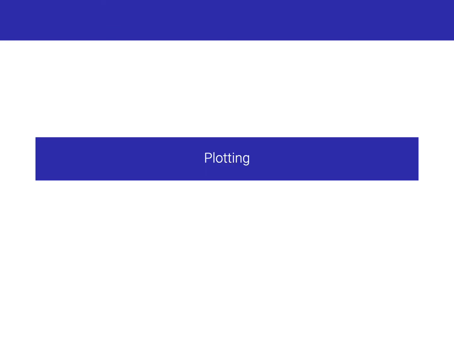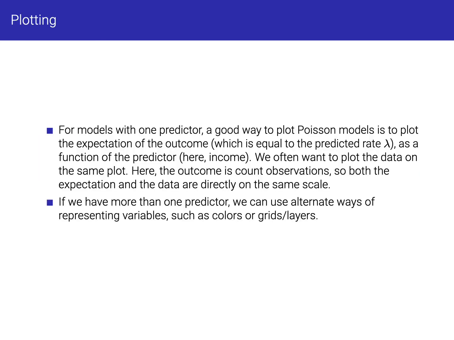Okay, now how do we make plots here? For models with one predictor, a typical plot we would make is we would plot the expectation of the outcome, so the predicted rate, as a function of the predictor. So here that's income. And we often want to plot the data on the same plot, like we usually do in linear regression, for example. Here the outcome is a count observation, so both the expectation and the data are directly on the same scale.